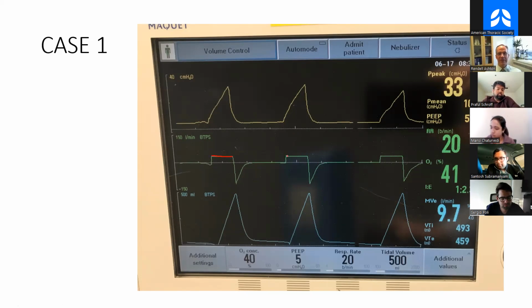Sometimes this is a square wave, but sometimes there's a decelerating wave like this. So don't be fooled just because it's not horizontal. If this is a totally straight line, that's still probably a volume control mode when the ventilator's giving you a straight line for flow here.